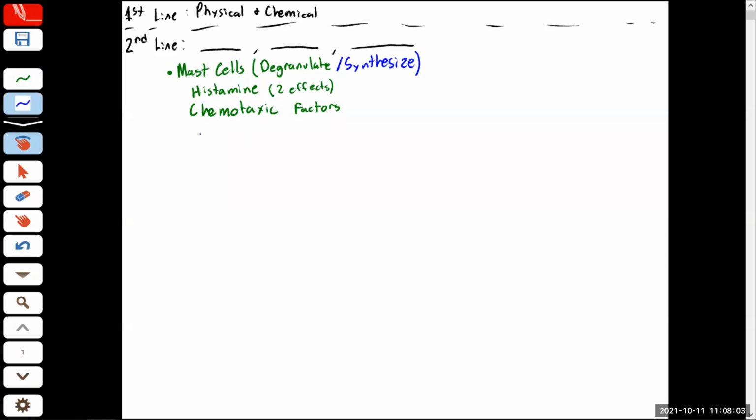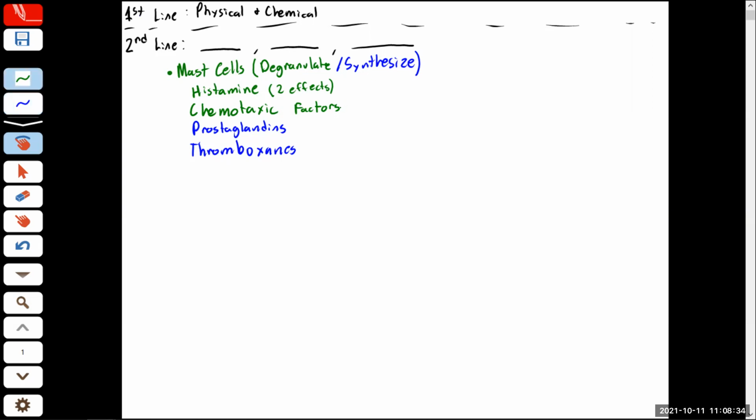Synthesize, what are we synthesizing? Histamine-like prostaglandins and thromboxanes, yeah. Okay, so again, what do we use chemotaxic factors for? What do we use prostaglandins for? What do we use thromboxanes for? When you guys are writing this out, you'll fill that in. Okay.